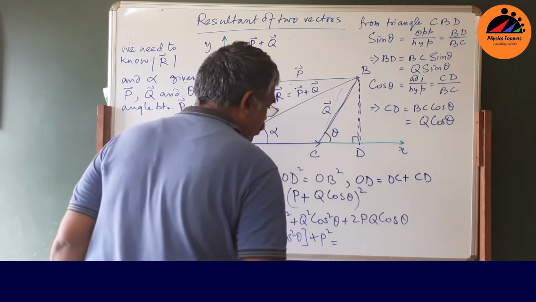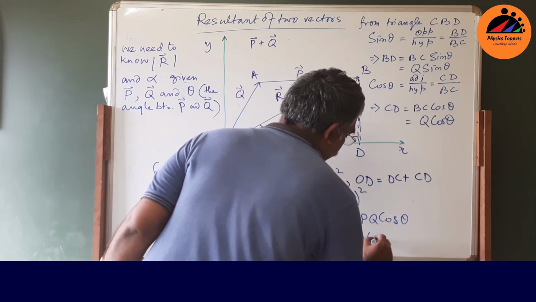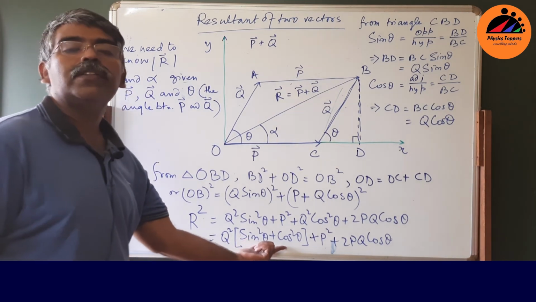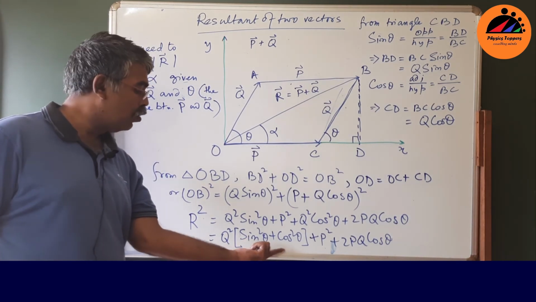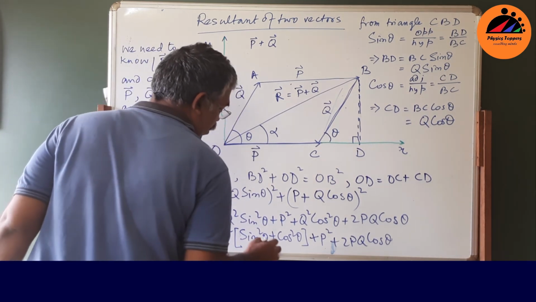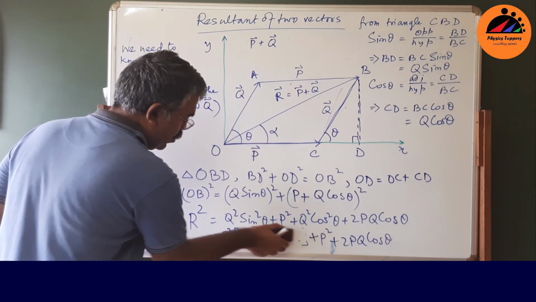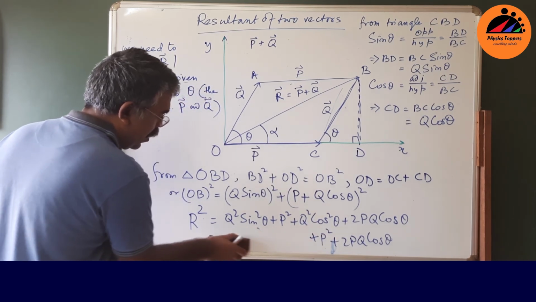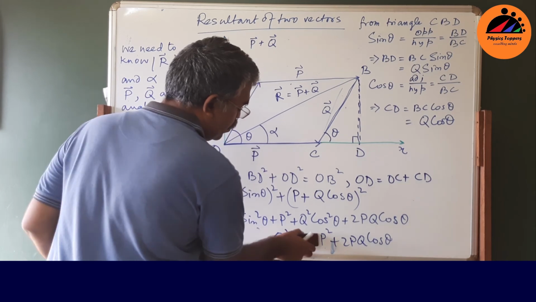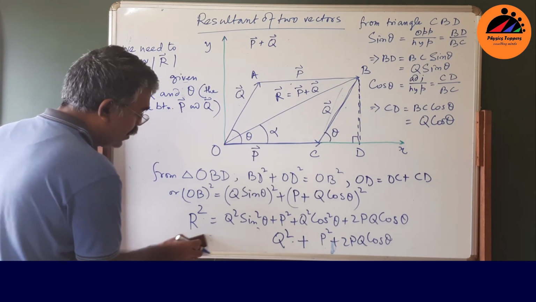This is an identity: sine square theta plus cos square theta is always 1 for any value of theta. So you can write this as 1, and 1 into Q square is Q square. So it's Q square plus P square plus 2PQ cos theta. So that's the resultant square.